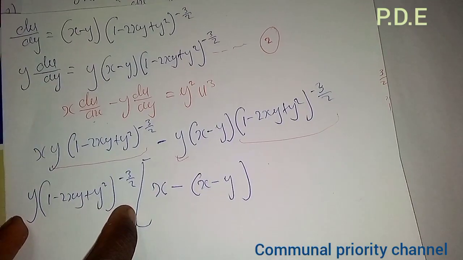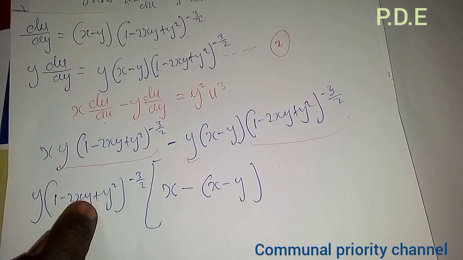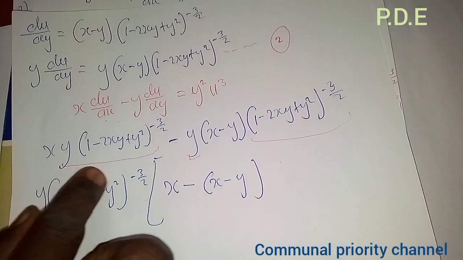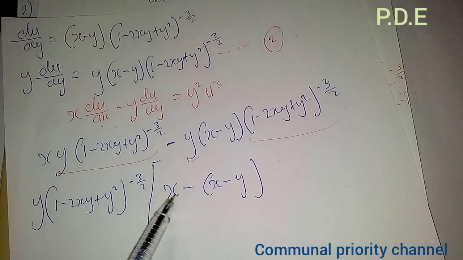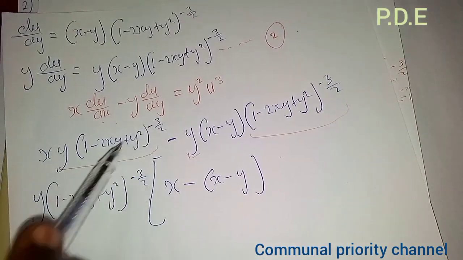Because if we multiply this y open bracket 1 minus 2xy plus y square to the power of minus 3 over 2 by x, it will give us this one. If we multiply the whole of this value and x, it will give us xy 1 minus 2xy plus y square to the power of minus 3 over 2.